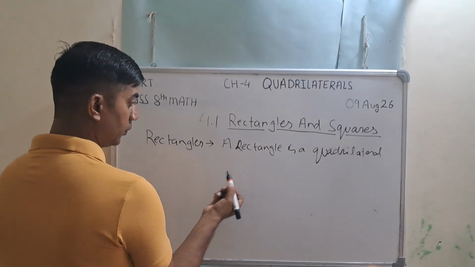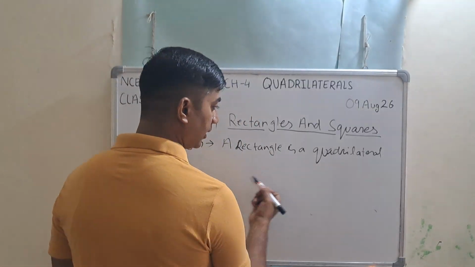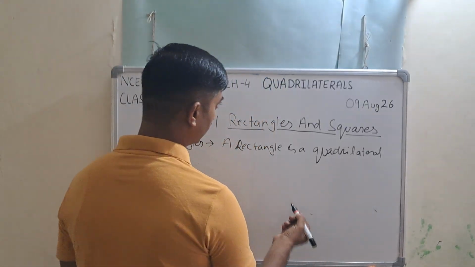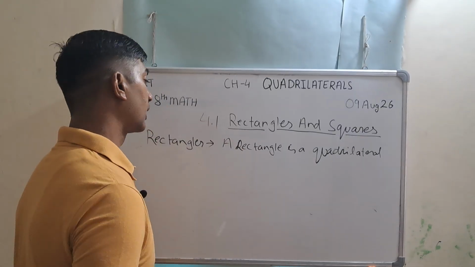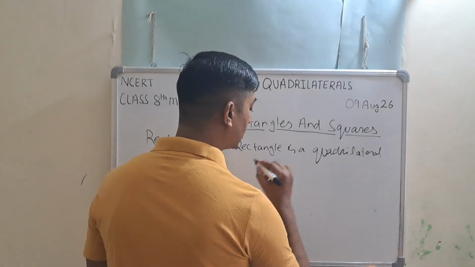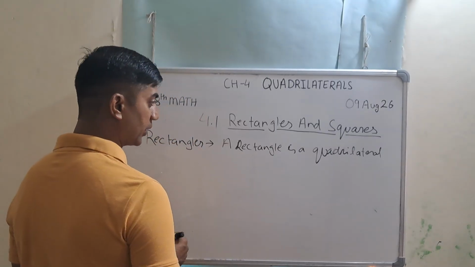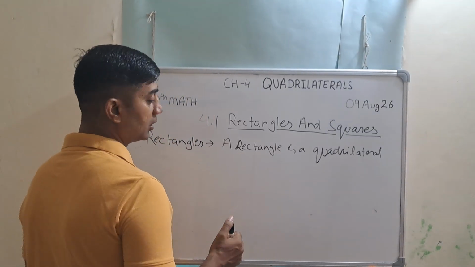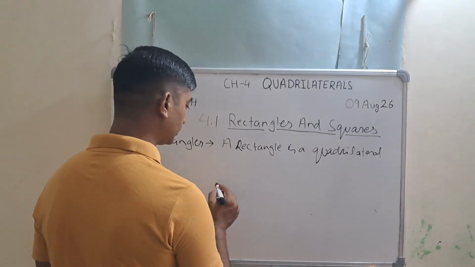First of all, what is the condition of the rectangle? That it is a quadrilateral. That's why we are studying rectangle in this topic. A rectangle is a quadrilateral and it has two specific properties. What are the specific properties?